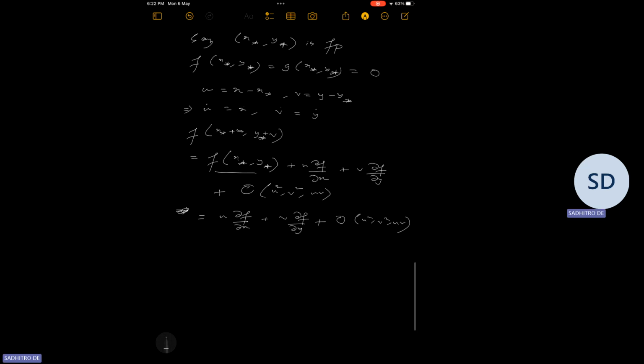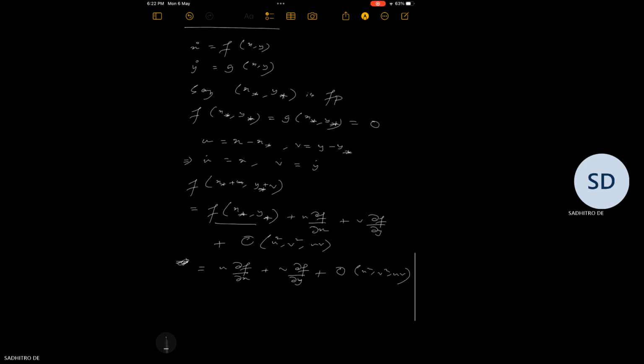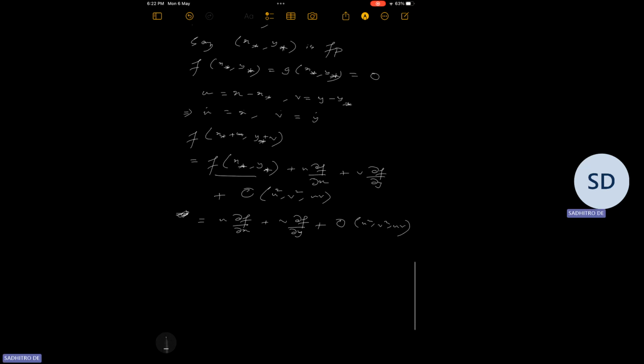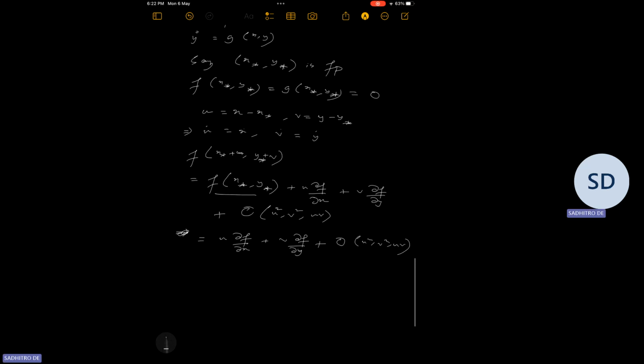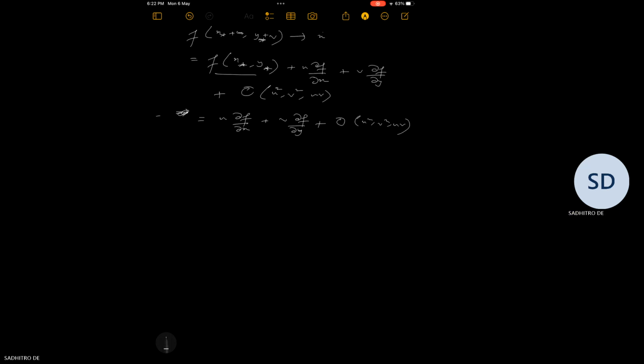Okay, now you see that the left hand side, that is f of x star plus u and y star plus v, is nothing but x dot, because x dot is given by f. So basically this is nothing but u dot.